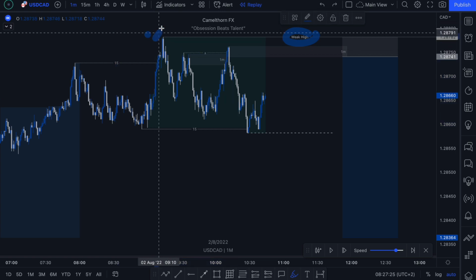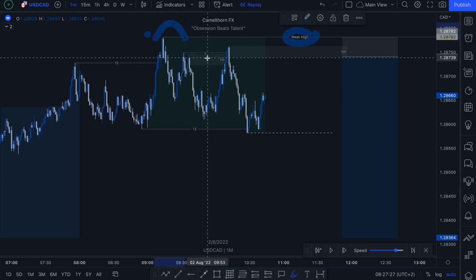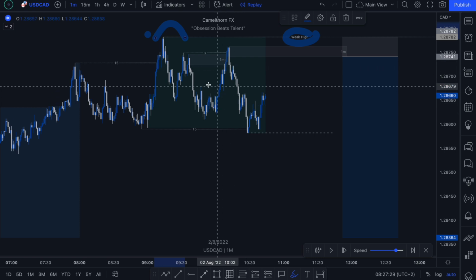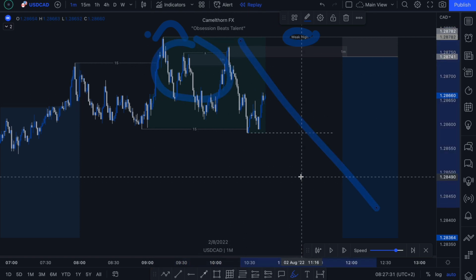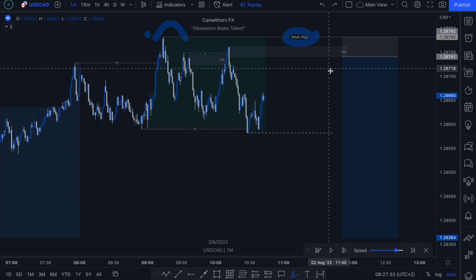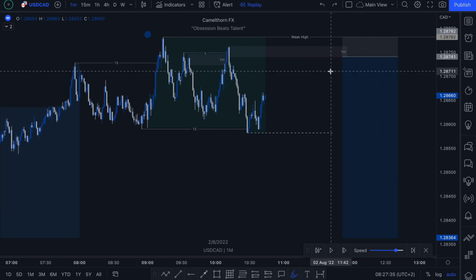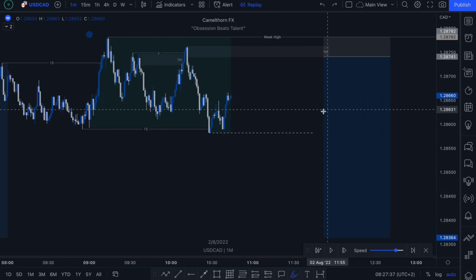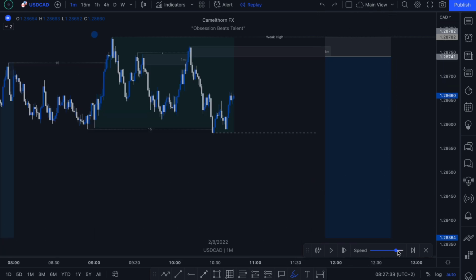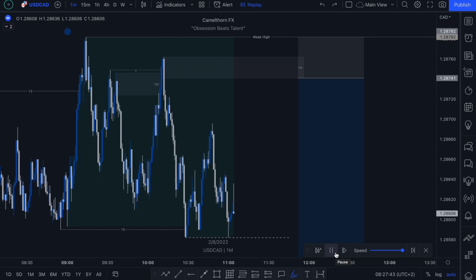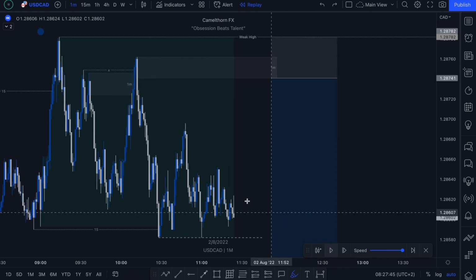Because then this would no longer be our valid swing point. It would mean that this did not push price down, and we would now have to wait for another potential swing point to form.